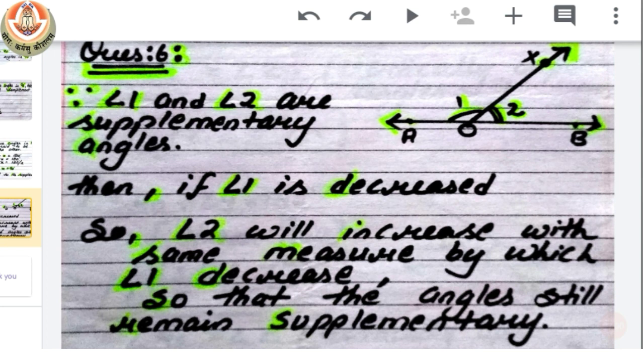That means if we decrease angle 1 by 5 degrees, angle 2 will have an increment of 5 degrees.